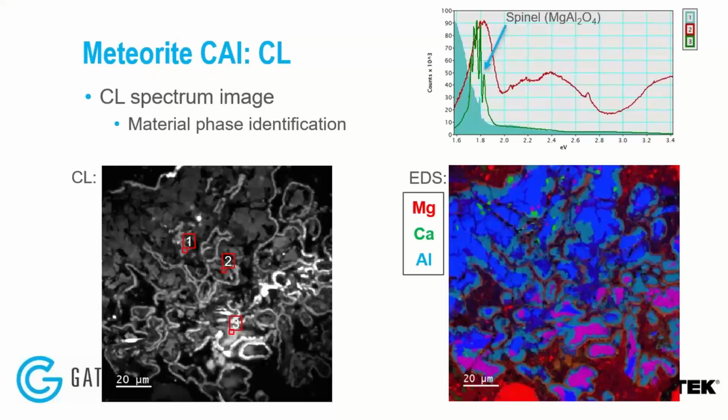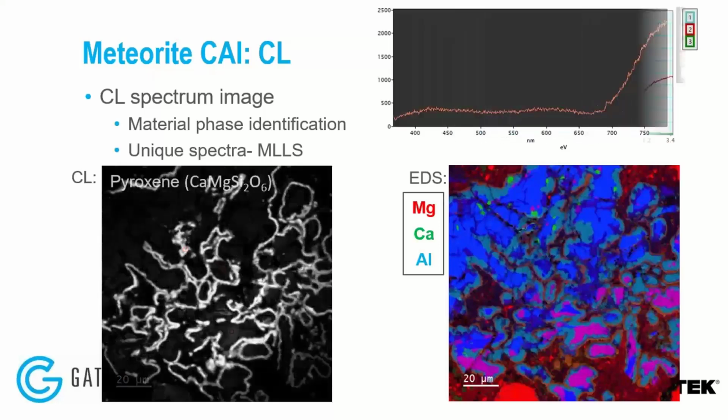So for instance, spinel has a very characteristic CL emission spectrum related to, I believe, chromium additives in the crystal. But it gave us a starting point to identify unique spectra across the sample surface and use a multilinear least squares fitting in order to find where those materials are and in what quantity across the sample surface.